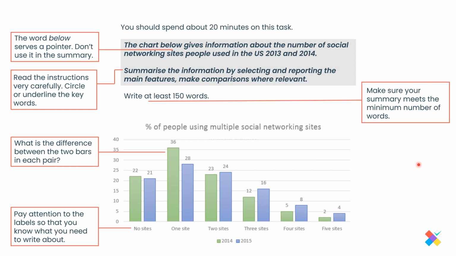And then, exactly what I said, pay attention to the labels so that you know what you need to write about. Now, you should spend roughly 1 to 1.5 minutes on this part, understanding the task. And again, look at how the relationship between the two bars changes. You might circle information which is important to you.